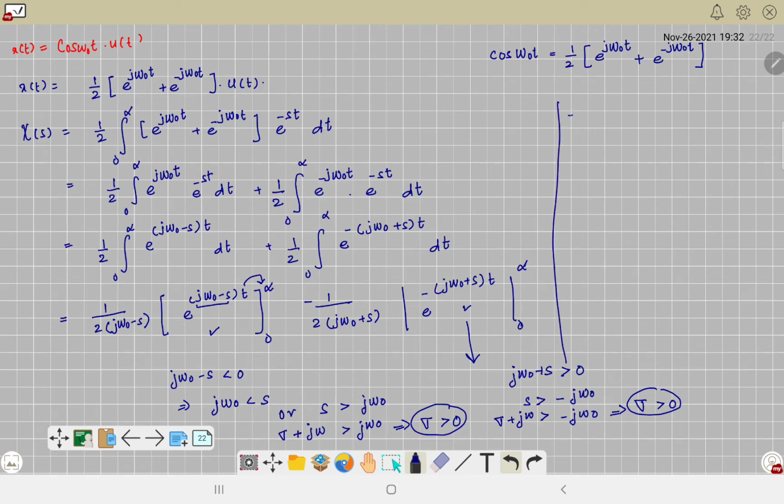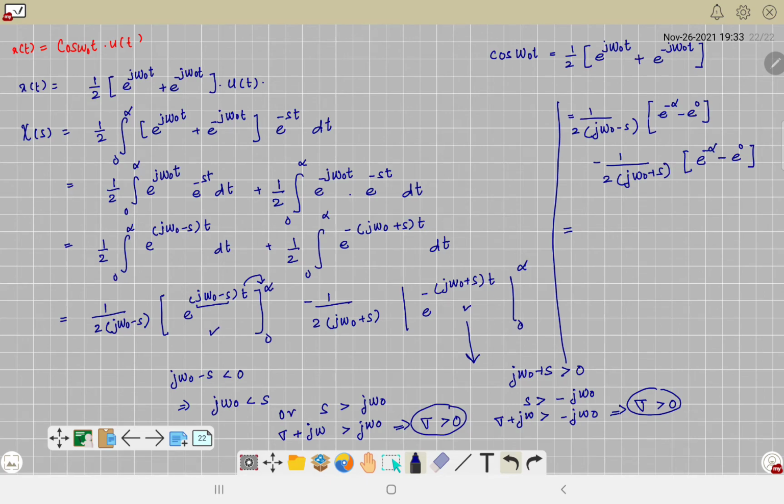Okay? So what comes will be 1/2 j omega naught minus s, then it will be e raised power minus infinity minus e raised power 0, then minus 1/2 j omega naught plus s, then again e raised power minus infinity minus e raised power 0. So if I slightly rearrange it, just a second.